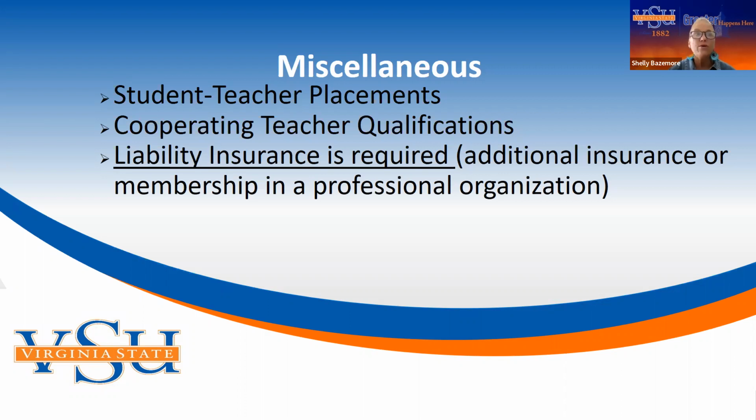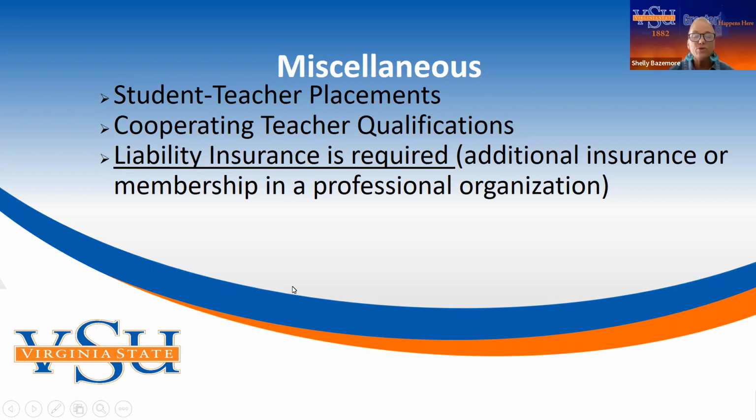It is someone who goes above and beyond the course of duty. They are willing to do whatever it takes to help grow their school and to make it the best place that it can be. And so again, they're modeling all these appropriate professional behaviors for our student teachers.